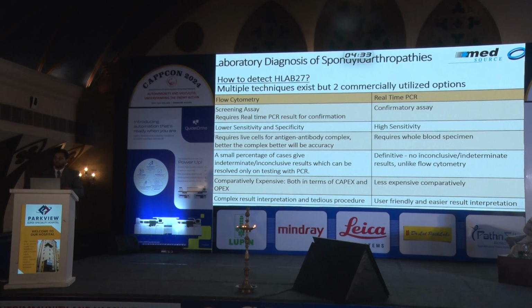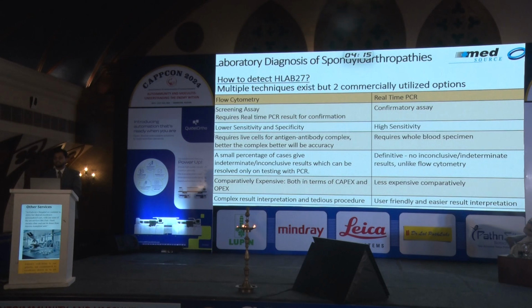Now, with the advent of technology and the post-pandemic era, it has become very convenient for all of us to go directly for HLA-B27 detection by real-time PCR. More importantly, it is very easy and comparatively interpretable.